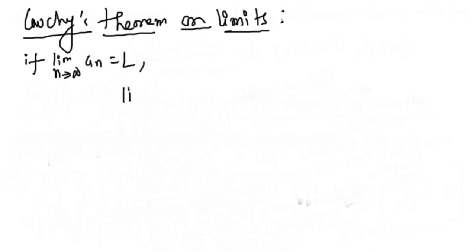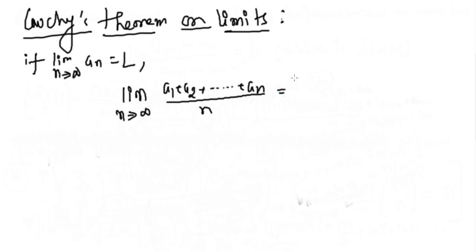If this happens, then limit n tends to infinity a1 plus a2 plus an over n equals to. So this is how the theorem goes.